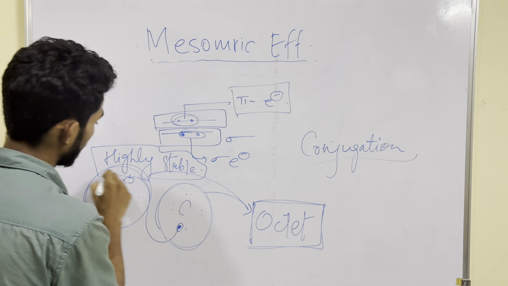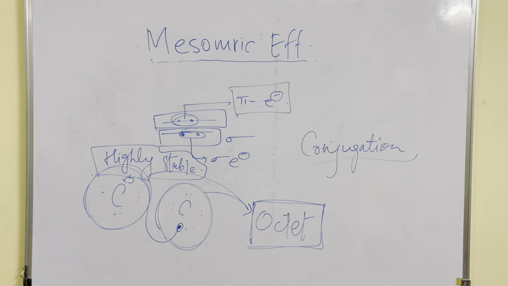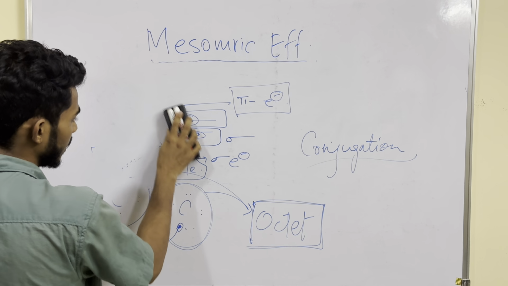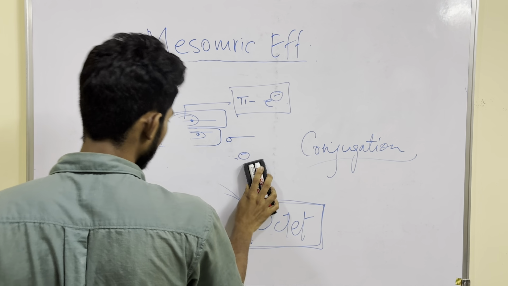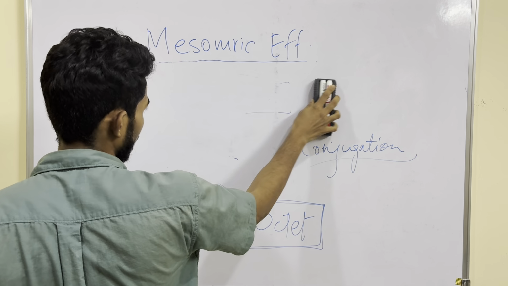Because when they are stable, they will not react, and when they are unstable, they will react, to gain stability. Already I have mentioned in every class that all organic reactions take place just to gain stability.